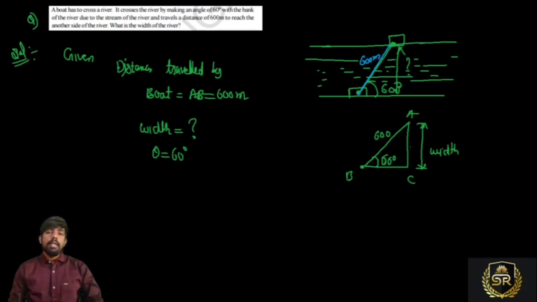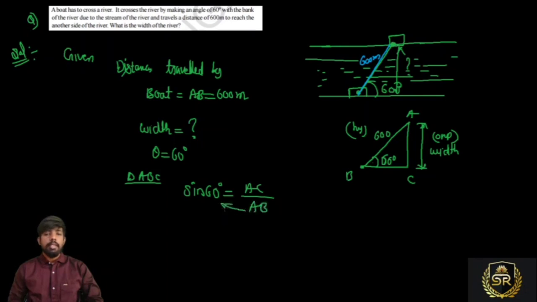And we know in the right angle triangle, this is the opposite side, this is the hypotenuse. Opposite by hypotenuse is what? Sine, right? Using right angle triangle ABC, sine 60 degrees is equal to the opposite side, which is the width AC, by hypotenuse AB. So I'm sending AB to the left hand side.